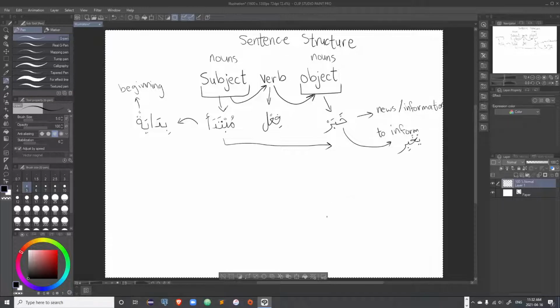Three words only. So in English, let us say I want to say boycott, the imperative form, boycott the French products. And yes, we do have exclamation marks in Arabic.